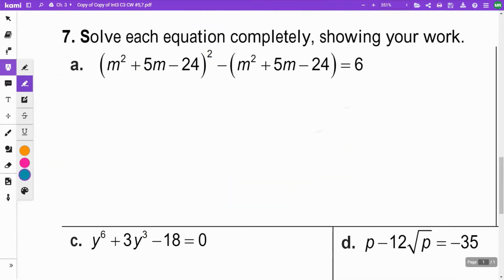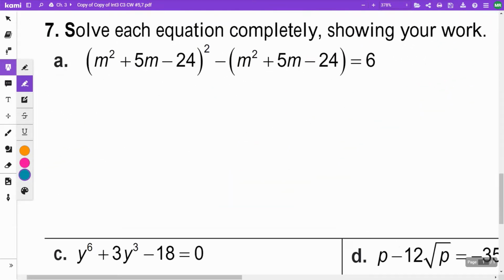Okay, so these ones here are a little more complicated, but hopefully after that last problem, maybe you notice, hey, there's an m squared plus 5m minus 24, and another m squared plus 5m minus 24.